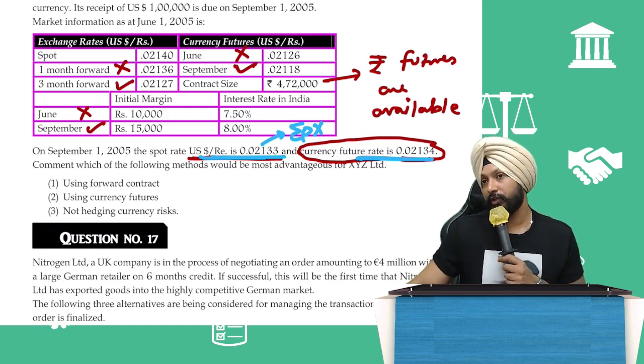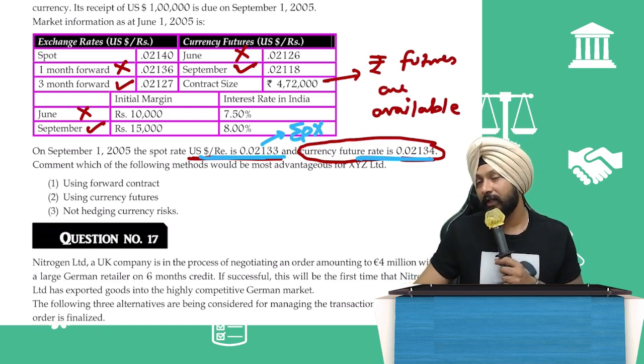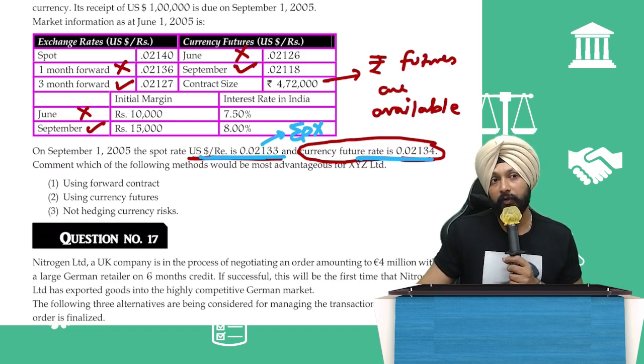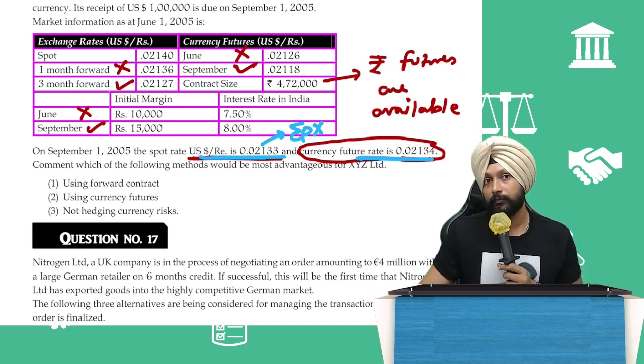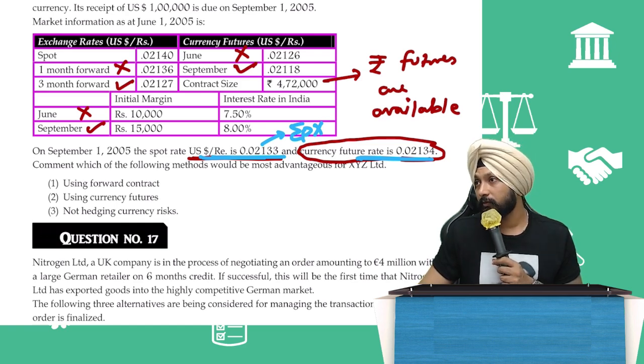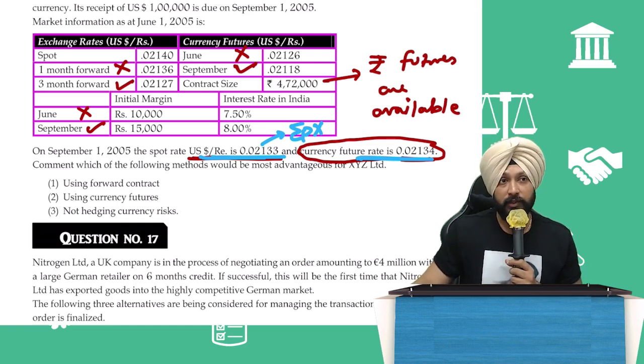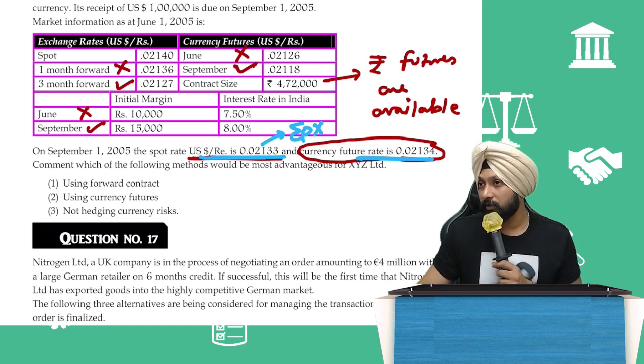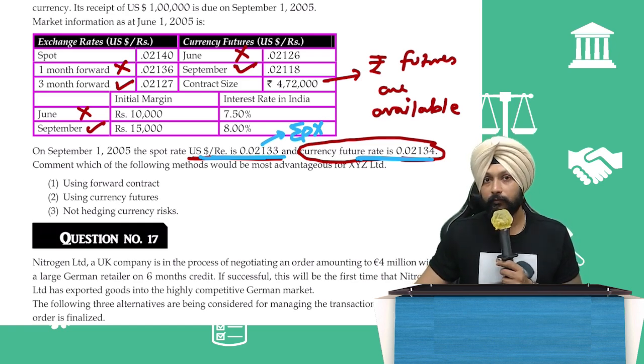Because if rupee futures are given, it means an Indian entity, in order to hedge its transaction, has gone to the US market and taken a rupee contract. Think about it. If you think you can justify this, tell me I'm wrong. To me, this looks very unrealistic.